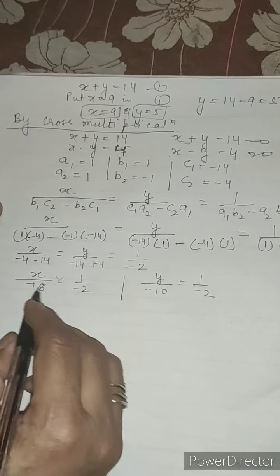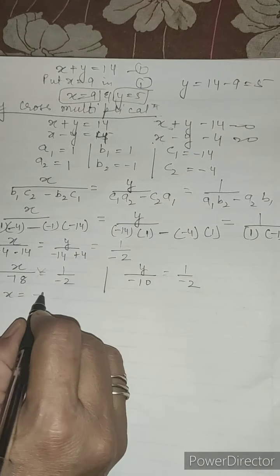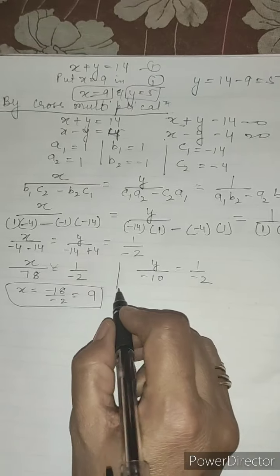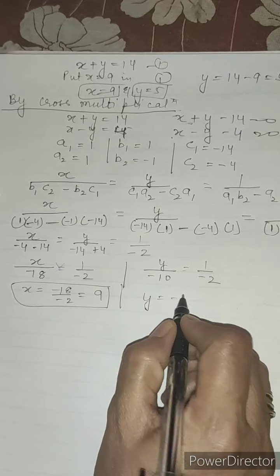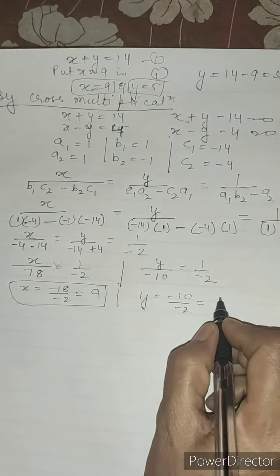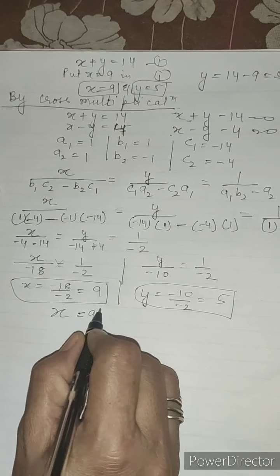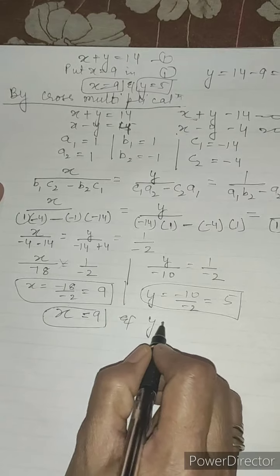Cross multiply, we get x equals minus 18 upon minus 2 equals 9. y equals minus 10 upon minus 2 equals 5. So you can see again I am getting x equals 9 and y equals 5.